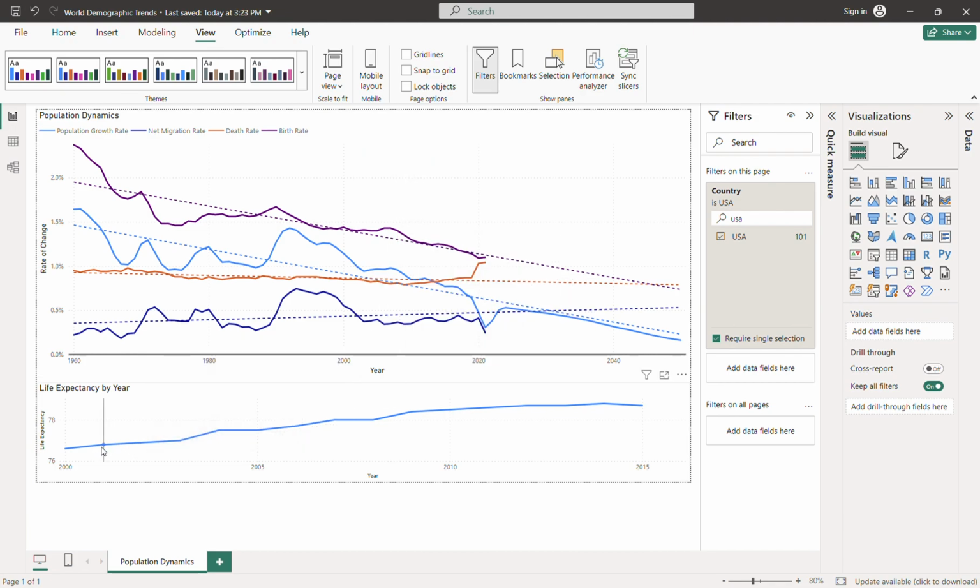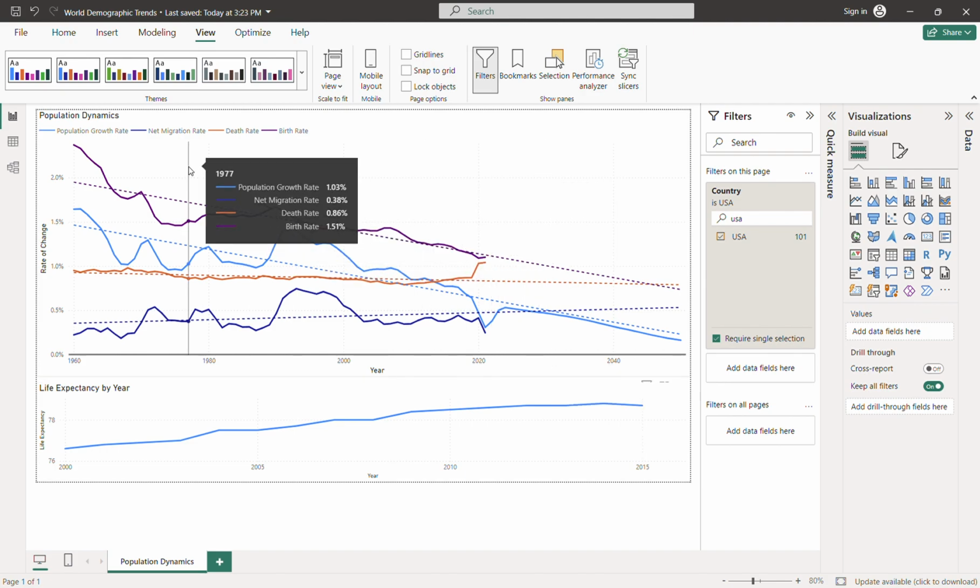And that's really what you're going to see here, because you can even look at how life expectancy has changed from 2000 to 2015.